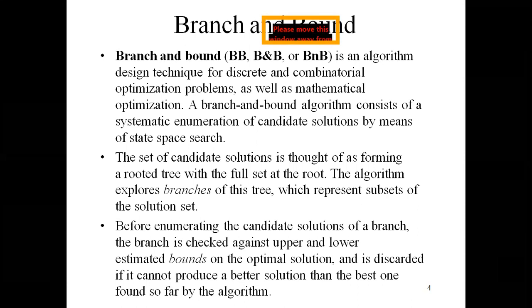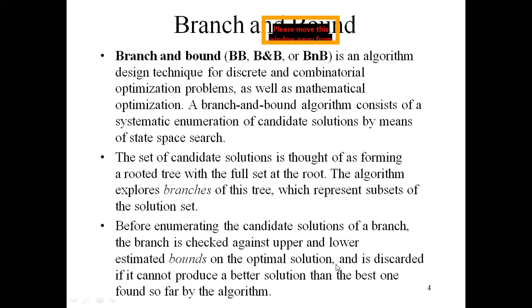Each branch gives the subsets for the solution set. Before enumerating the candidate solutions of a branch, the branch is checked against upper and lower estimated bounds on the optimal solution.